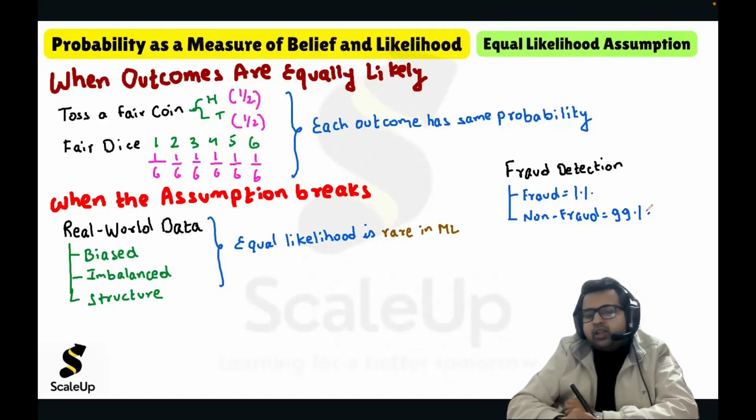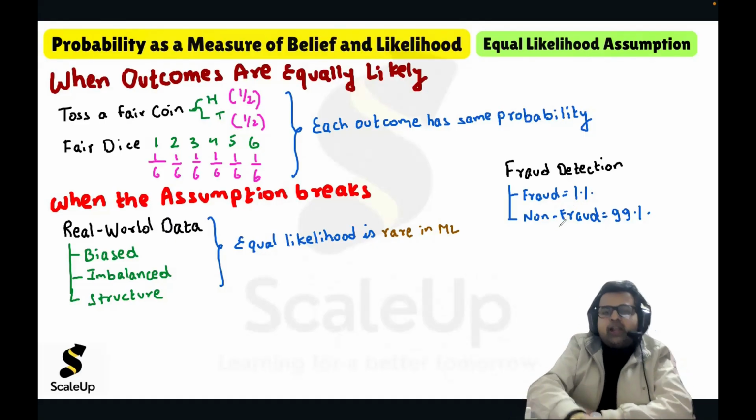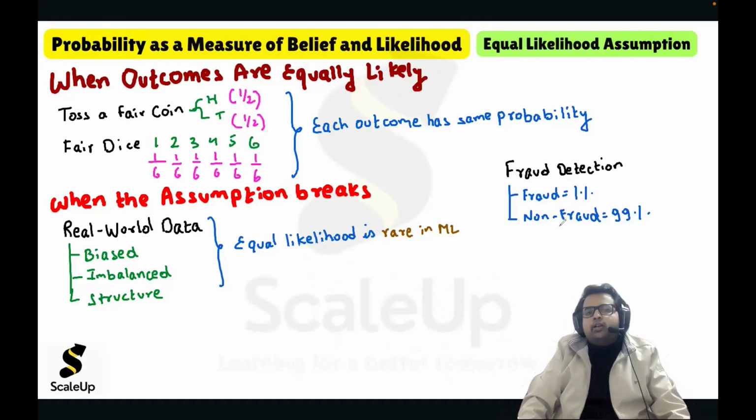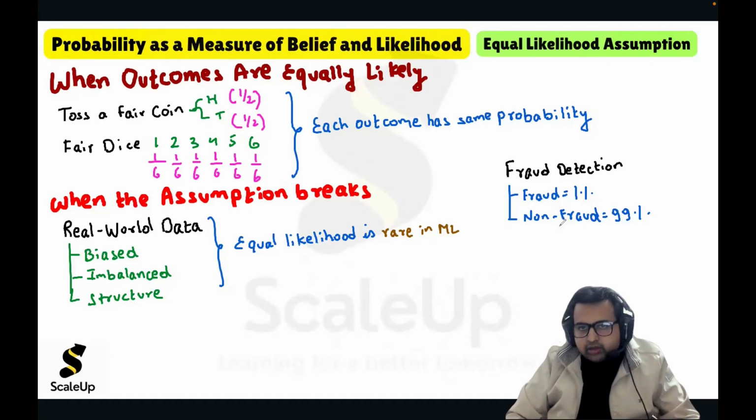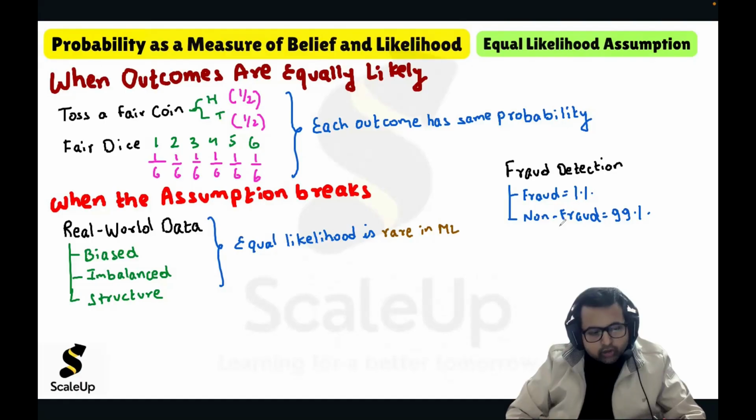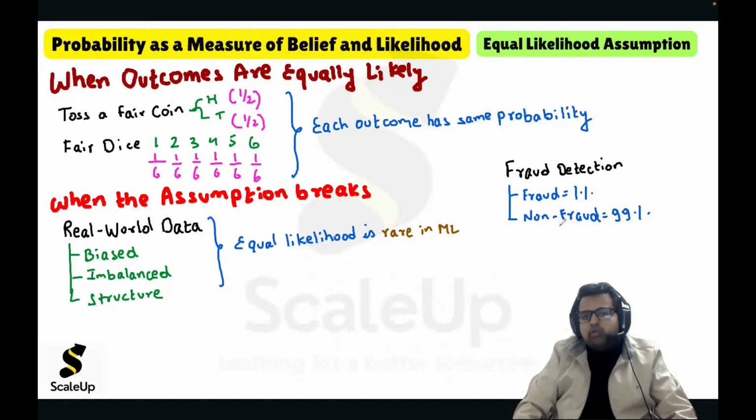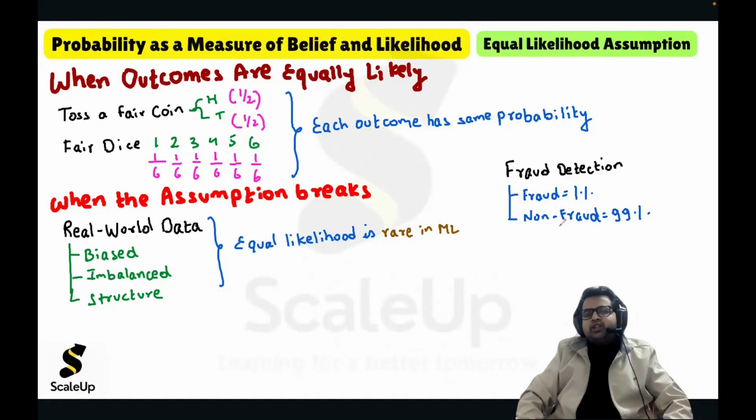This real world data is highly biased and imbalanced, so we cannot consider the equal likelihood assumption. Equal likelihood here would mean that the probability of getting a fraud sample is equal to the probability of getting a non-fraud sample. But that is not possible here because out of 100% of samples, only 1% is fraud and 99% is non-fraud.